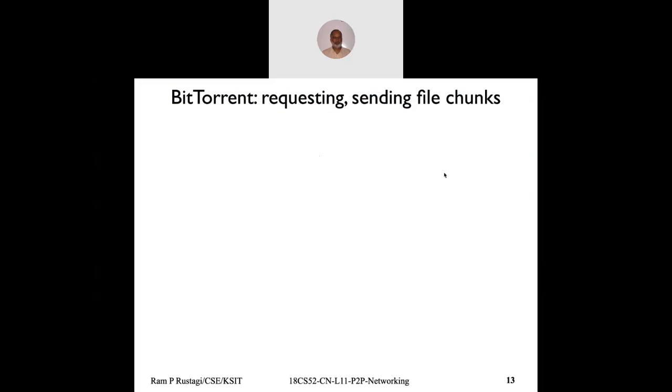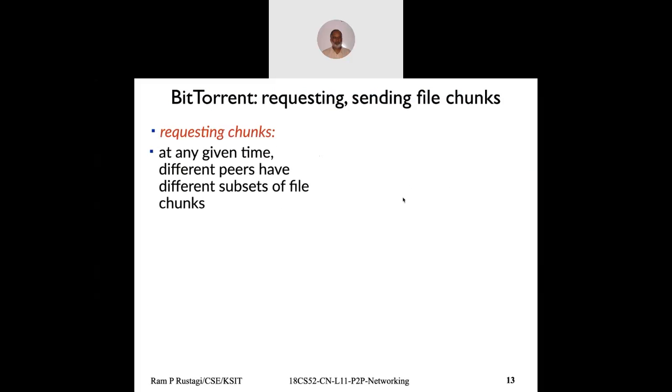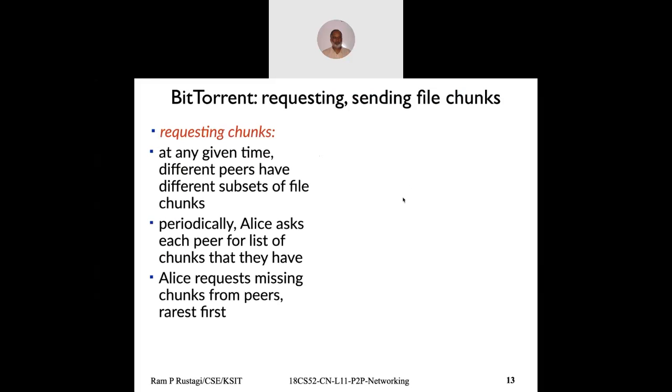So what happens is the following. Which chunk should I get? The objective is that each chunk has to be given to everybody. Alice has got the list. Let's say there are 3 peers. Peer 1 says it has got chunks 2, 3, 4, 5, 6.